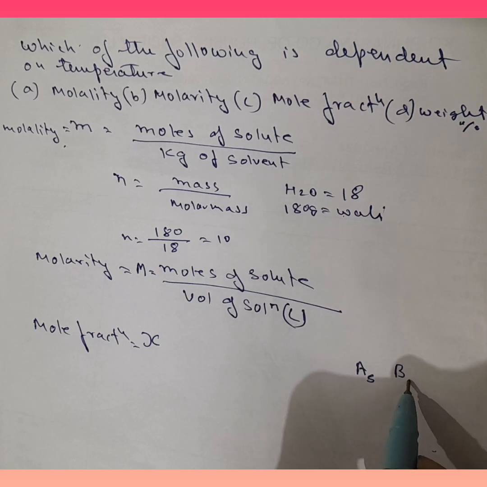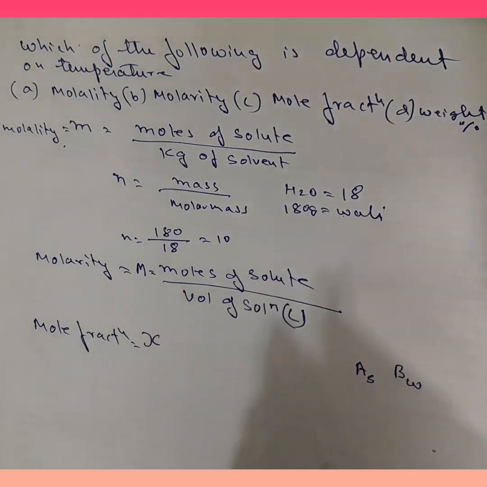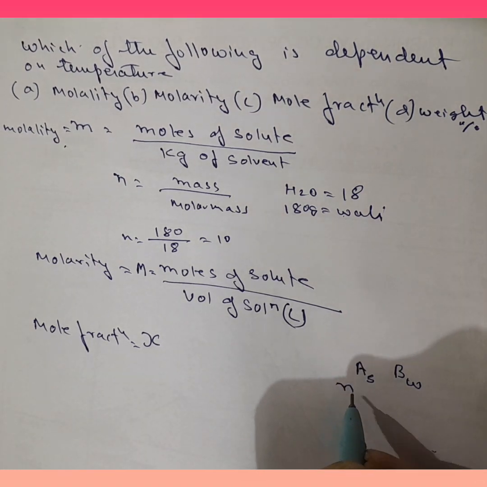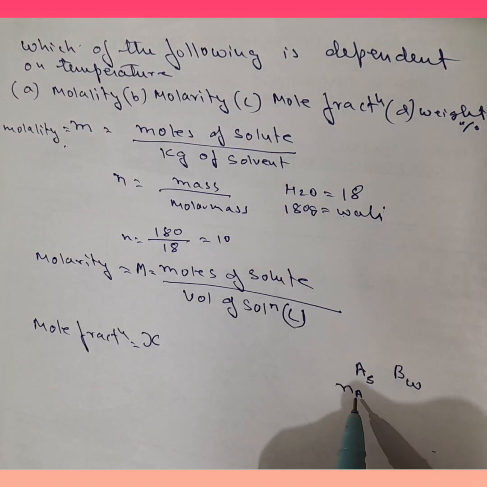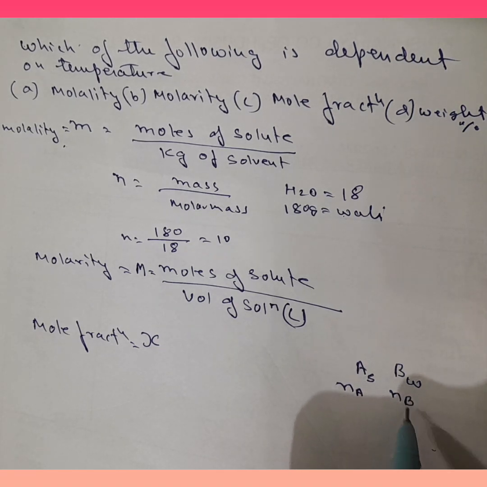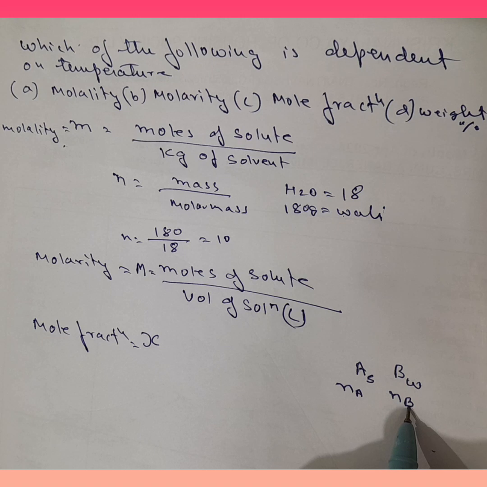Then Na I represent as moles of sugar and Nb as moles of water. So in a sugar solution, we have Na moles of sugar and Nb moles of water.